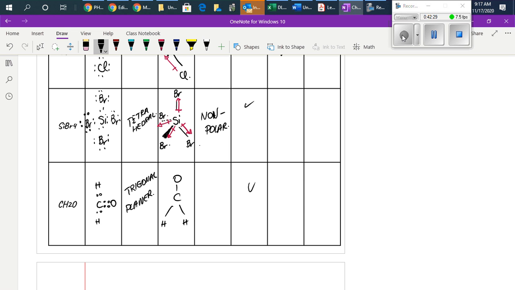And when you do the electronegativity difference between carbon and hydrogen and oxygen, then we will have a polar molecule. As I said, we always will be having London forces no matter what, but since now this is polar, then we will have dipole-dipole forces.